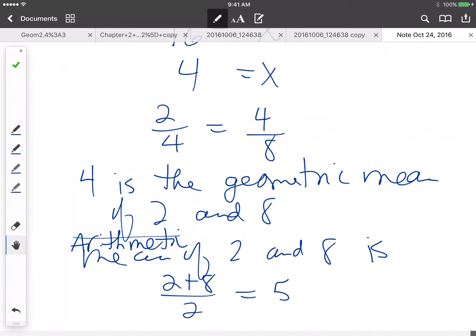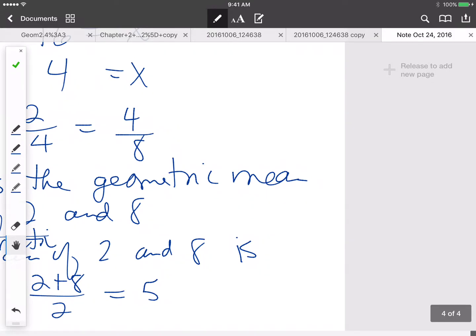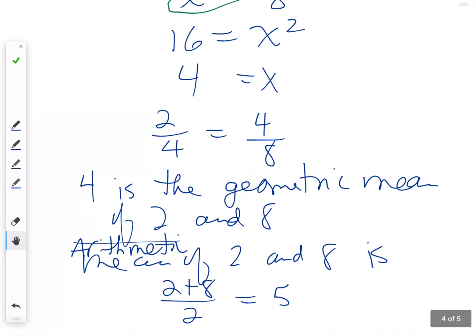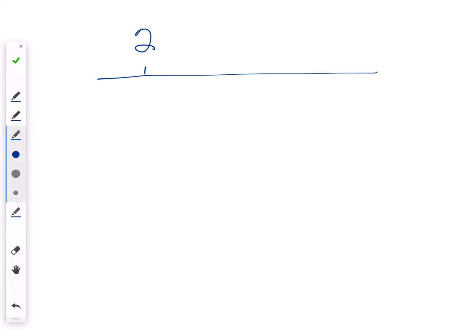And for me, it ends up feeling like a kind of weighted mean. Let me see if I can get this next page over. There we go. So if you think about a number line, 2, 3, 4, 5, 6, 7, and 8, now 5 is exactly in the middle, and 4 is a little bit closer to 2.